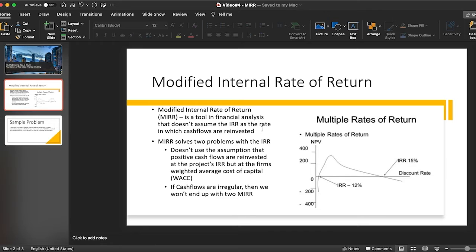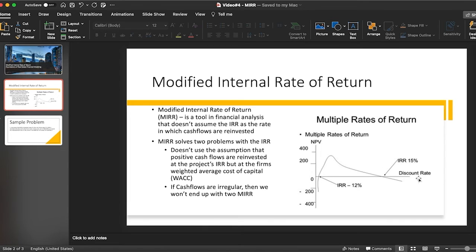Another thing that the modified internal rate of return solves is that a project can have multiple internal rates of return. Remember that the IRR is the discount rate at which your NPV is equal to 0, right? So 0 would be on your x-axis.